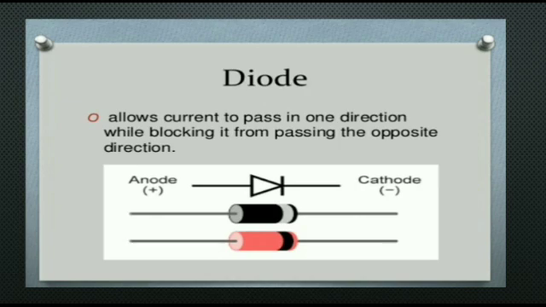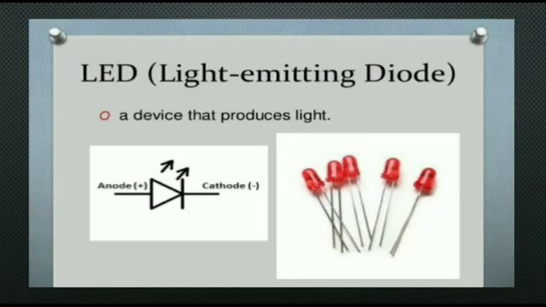The next component is the LED, light emitting diode. We know the LED. This is the picture of the LED, and this is the circuit symbol of the LED. So an LED is a device that produces light. Nowadays we are using different types of LED.